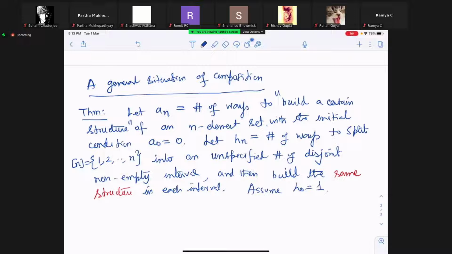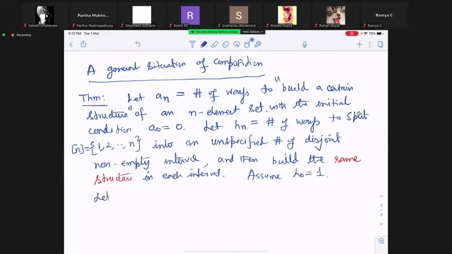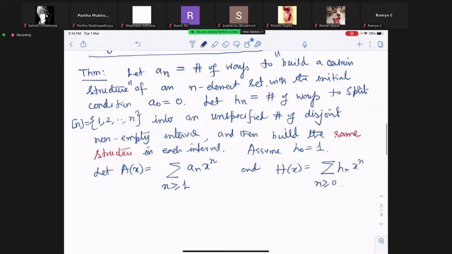That's the case many times. So let A(x) equal to x power n. Although this theorem looks like a big statement, it's not so much. Actually, something very simple. So then, the theorem asserts that H(x) is what you expect.